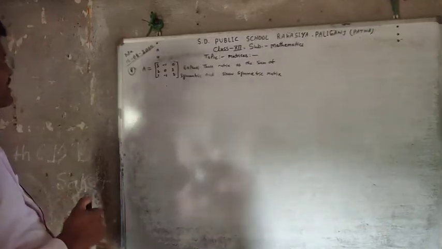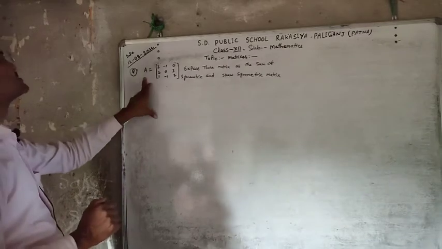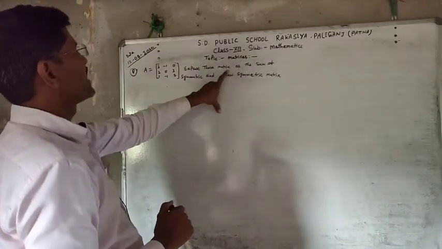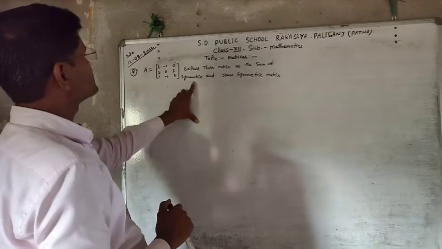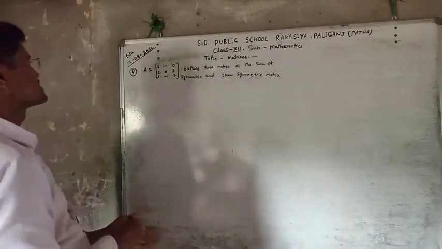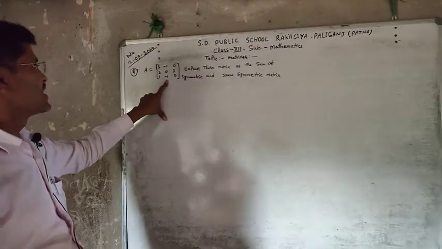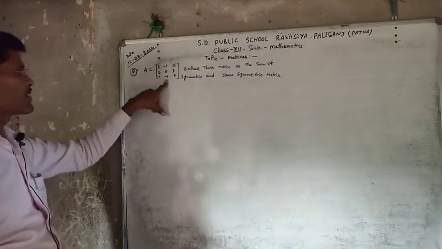The next problem is the matrix A is given. Express this matrix as the sum of symmetric and skew symmetric matrix. Here, matrix A is a given square matrix and its order is 3 by 3.